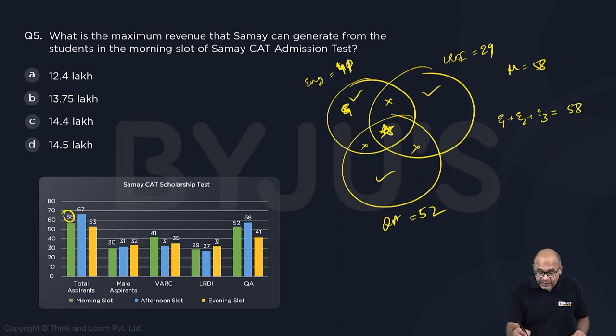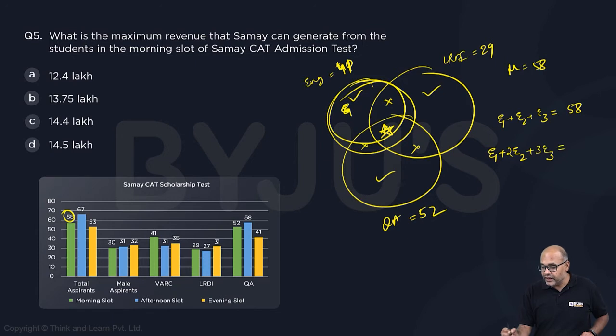Whereas if I add circle 1, circle 2, circle 3, what I'll get is exactly 1 plus 2 times exactly 2 plus 3 times exactly 3, which should be equal to the sum of all the 3 circles, 122. These are the 2 primary equations you always make when you're dealing with 3 parameter maximum minima.